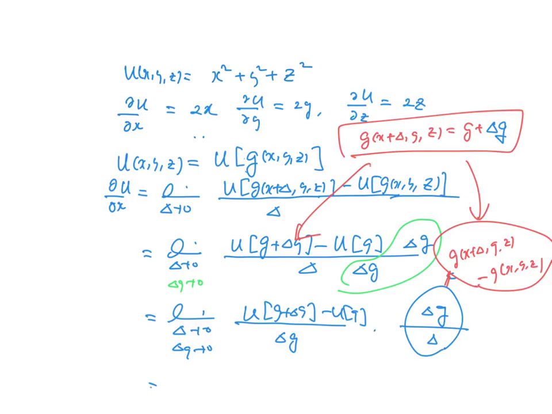So it becomes du/dg times partial g over partial x.